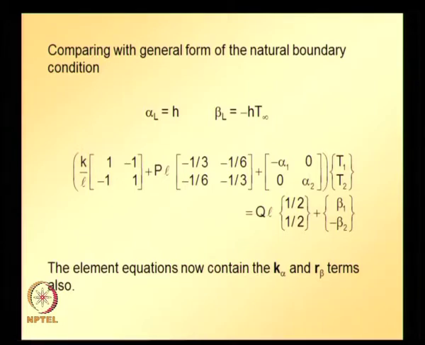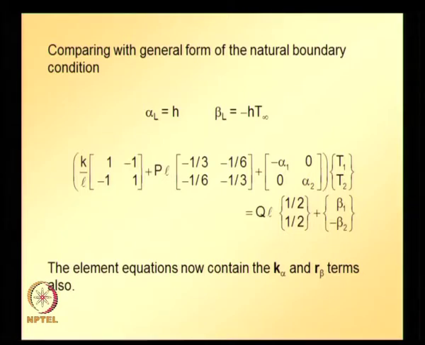So, making these substitutions into the general one dimensional boundary value problem element equations, we notice that now the element equations consist of k alpha and r beta terms, because in the previous example where we do not have this convection boundary condition, alpha 1, alpha 2 are both 0 and beta 1, beta 2 are both 0.